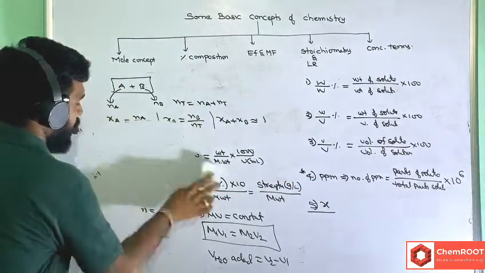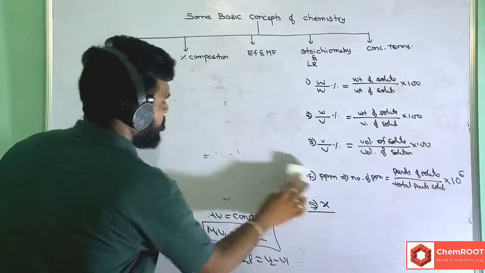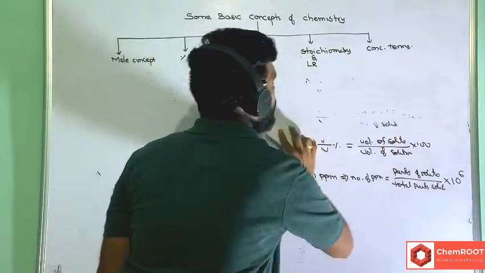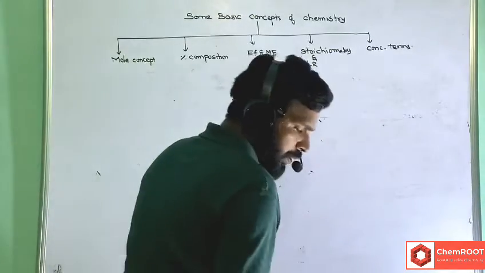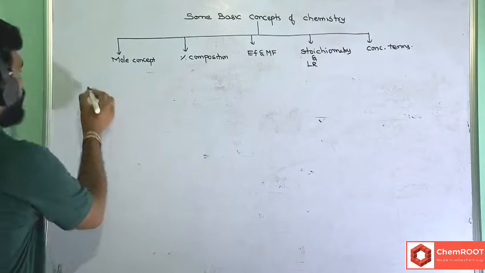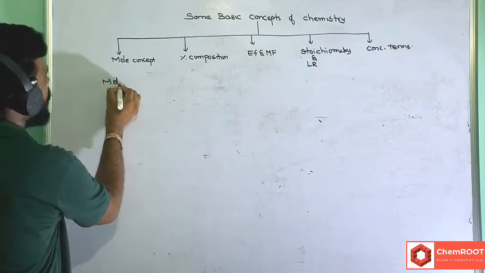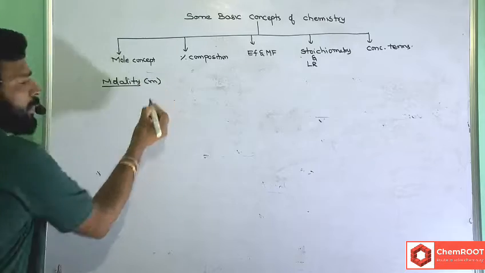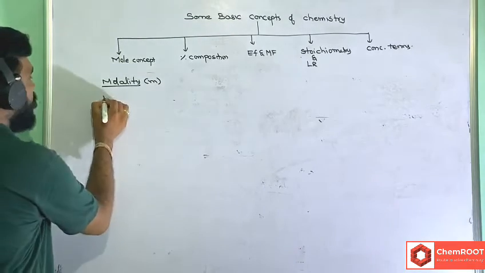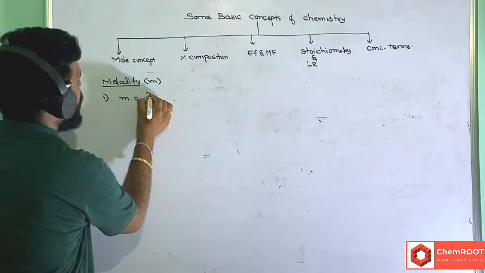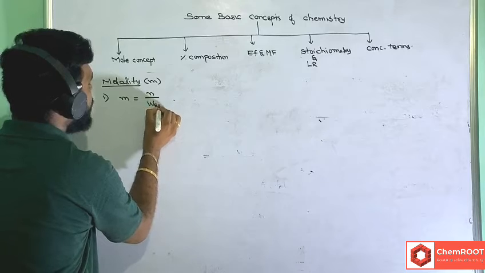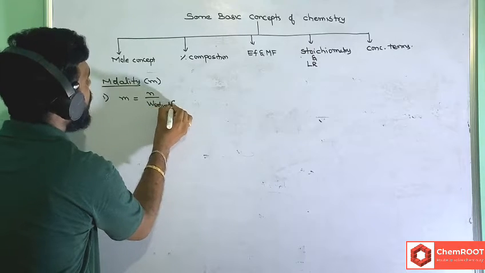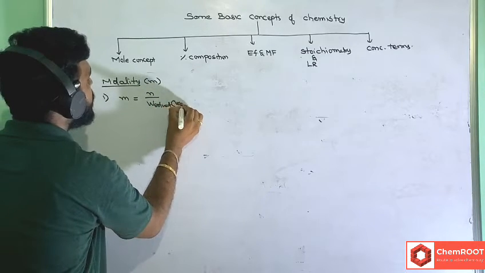And the next important concept we are going to is molality. This molality is represented with a small m. So molality is equal to number of moles by weight of solvent in kg.